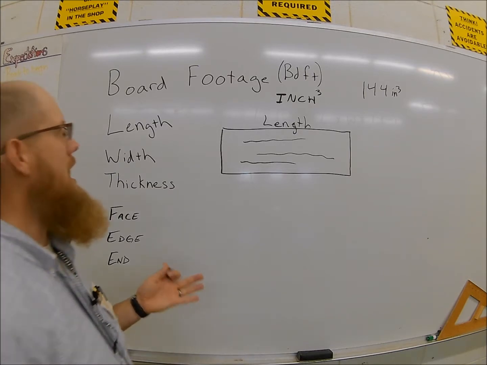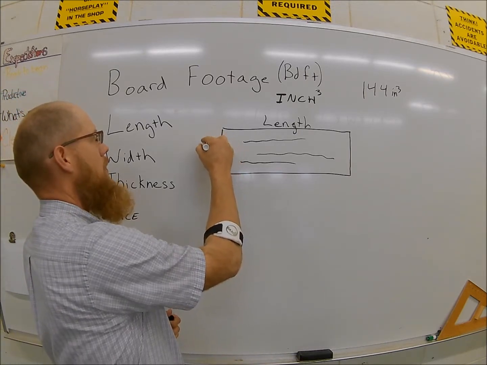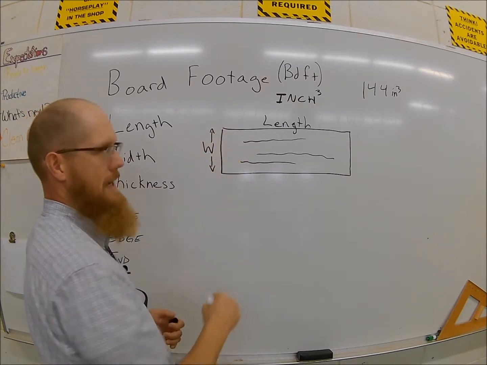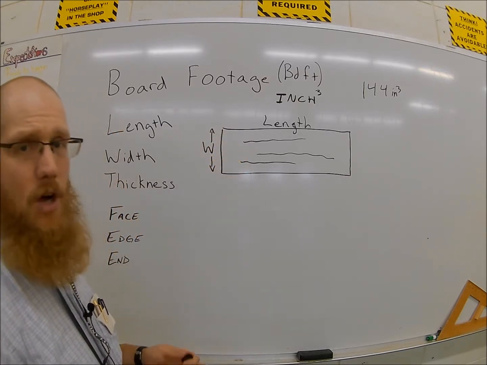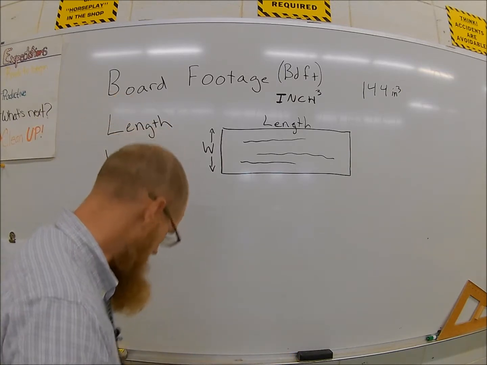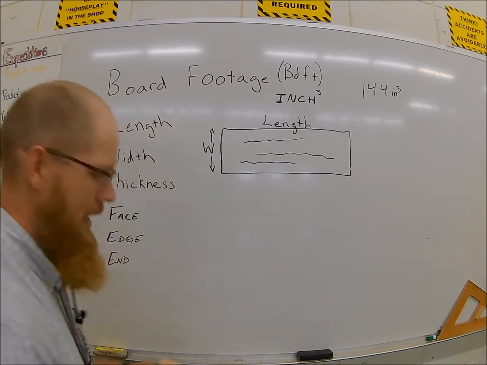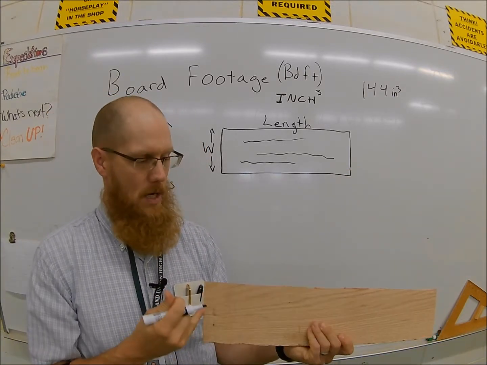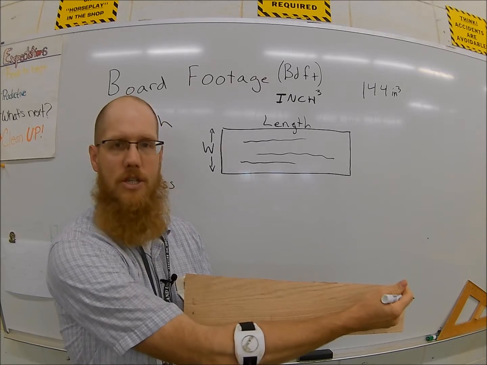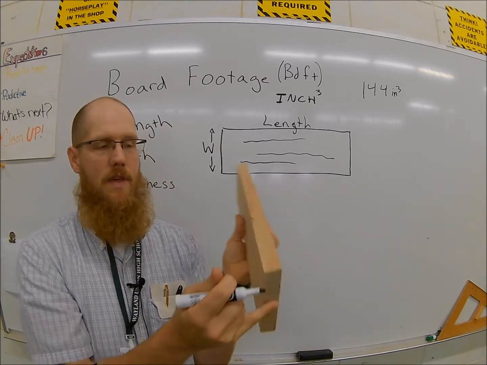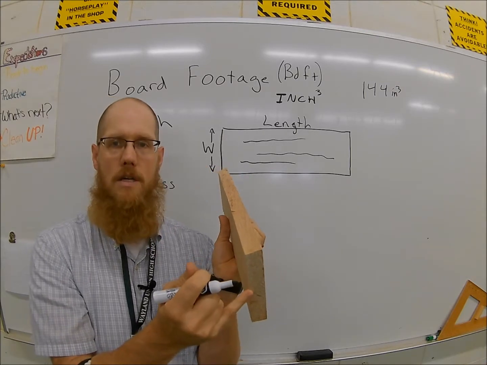If we talk about width, width will be in this direction. It will go across the grain. If we talk about thickness, thickness is just how thick that board is. I have an example here for you where this board is long in this direction, it is wide in this direction, and then thick is across.